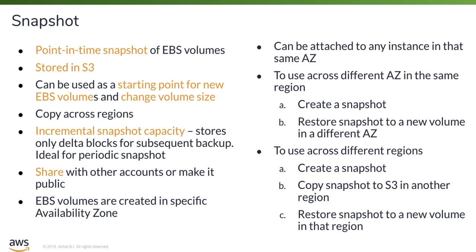From a snapshot you could create a volume, and while creating the volume, you can change the volume size as well. You might have created a snapshot using a 10 GB volume, but you could always create a volume out of the snapshot with 20 GB or 100 GB, with your desired capacity.